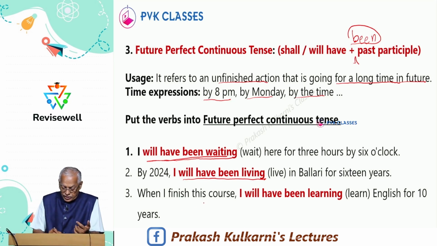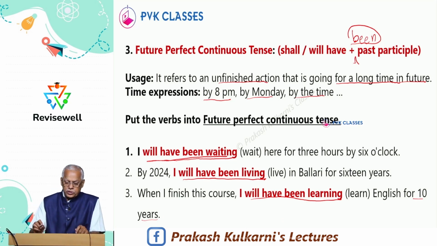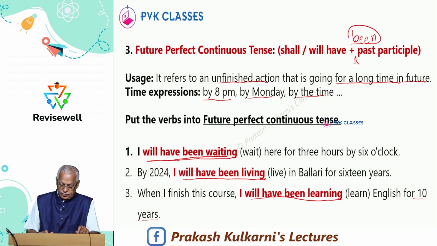So when I finish this course, I will have been learning English for 10 years. 10 ವರ್ಷಗಳಿಂದ ನಾನು ಕಲಿತಿರ್ತೀನಿ ಈ ಕೋರ್ಸ್ ಮುಗಿಸೋ ಹೊತ್ತಿಗೆ. So that means shall have been, will have been plus ing verb is used for future perfect continuous tense.